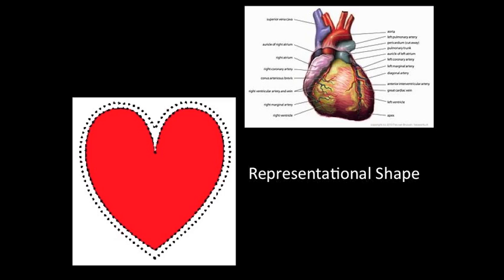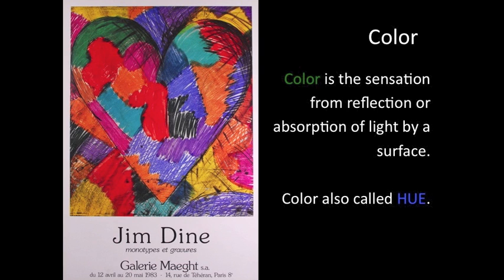Normally, if you asked any elementary school student to draw a heart, they would draw the red version on the left-hand side of the screen. If you asked a doctor to draw a heart, they might actually draw the one on the right-hand side of the screen. Totally different, yet symbolic. Speaking of hearts, this is a nice one from Jim Dine.